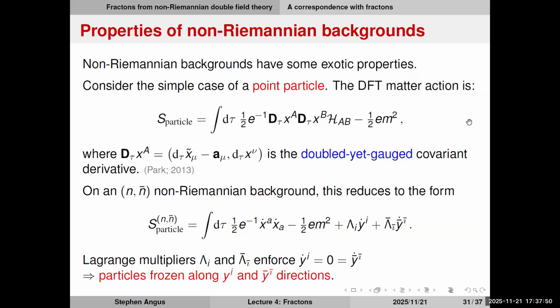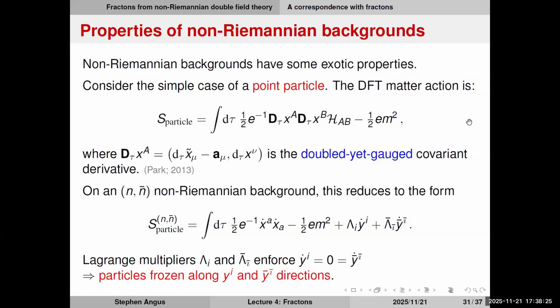And this bold capital D is d by d tau of x^nu, and then another part, d by d tau of x tilde nu minus some A mu, which we can think of as some kind of intrinsic gauge field. This is the double field theory gauged covariant derivative.